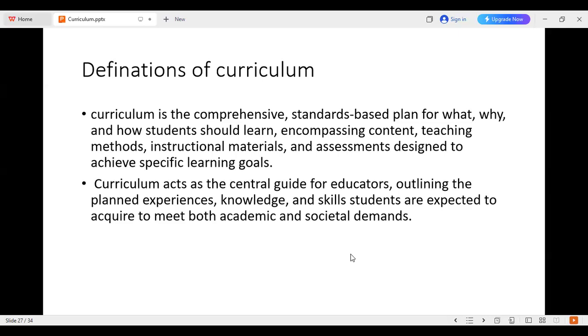Outlining the planned experience. Experienced panel members get together and prepare the guidelines. Planned experience, knowledge, and the skills students are expected to acquire to meet both academic and societal demands.